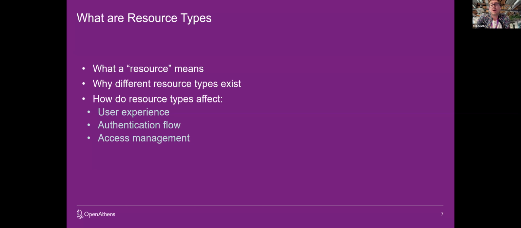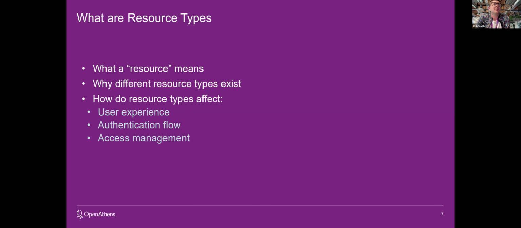And why do different resource types exist? Primarily because different resources offer different means of access. OpenAthens supports some of the big categories. We're going to talk about SAML and IP-based access, proxy access. That's why those different types exist.